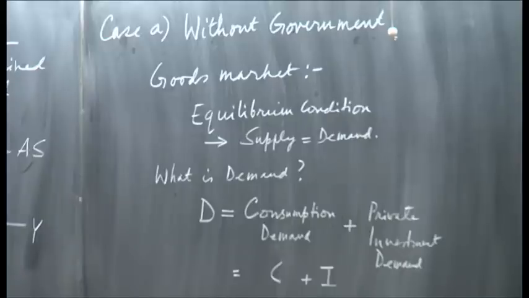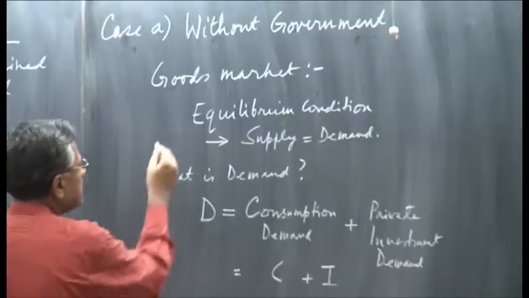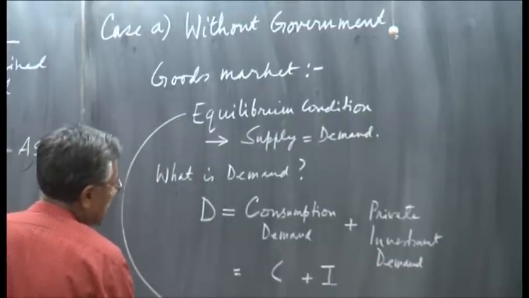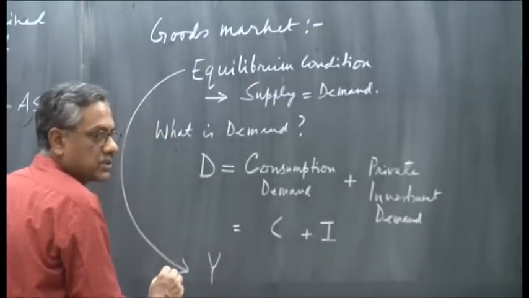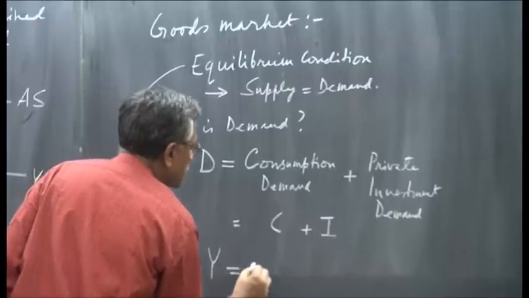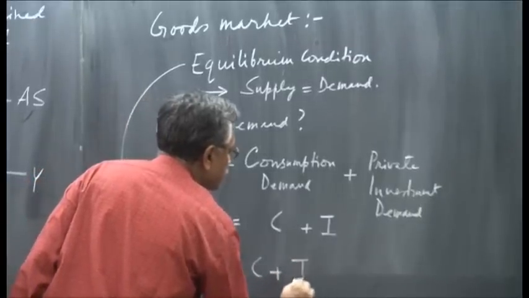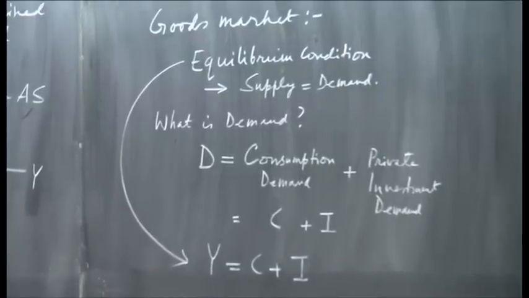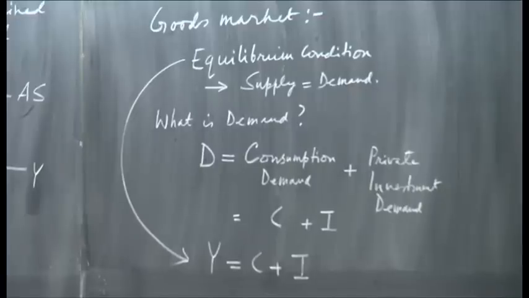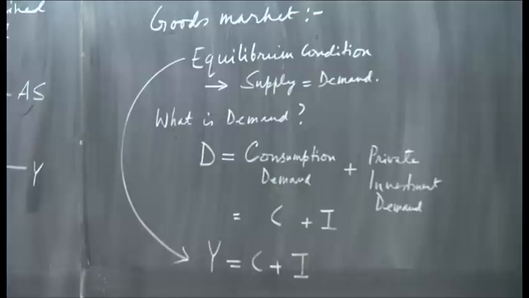Now, therefore, what you are essentially saying is that this equilibrium condition will be total output produced in the economy, the supply of output, should be equal to C plus I. That's the equilibrium condition you have. Y is equal to C plus I. That's the goods market clearing condition. Clearing means there is no excess supply of goods, no excess demand for goods.